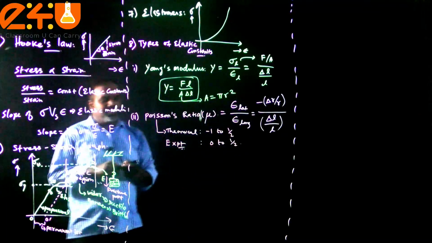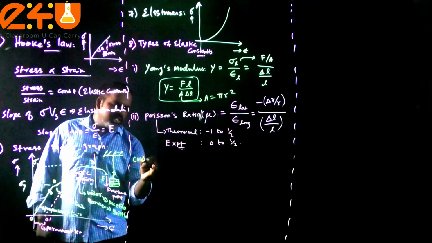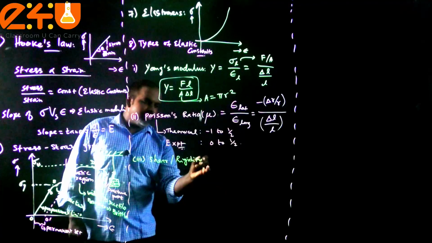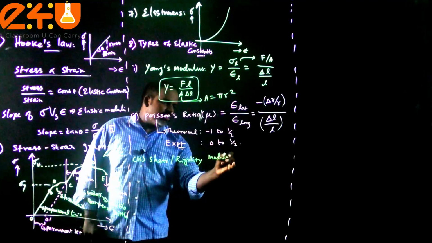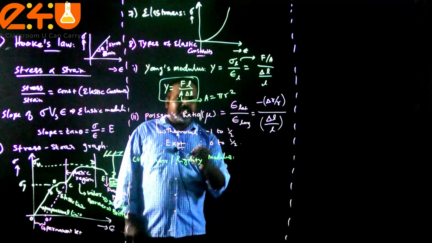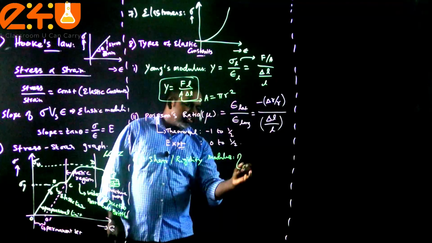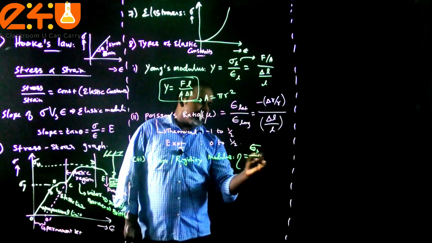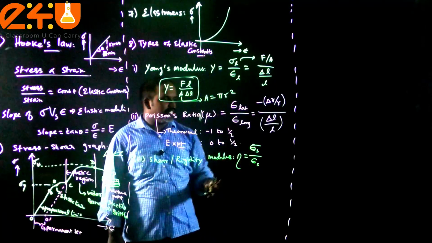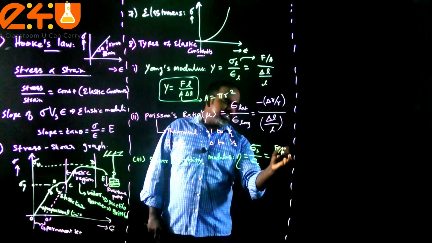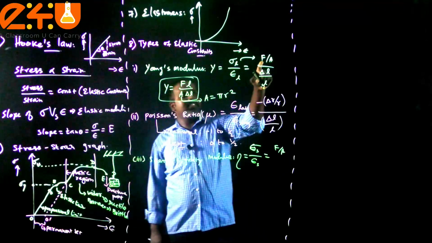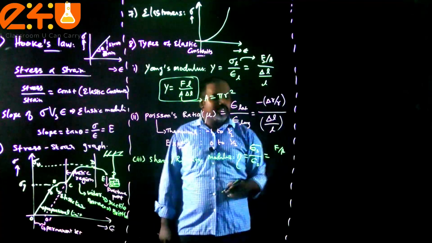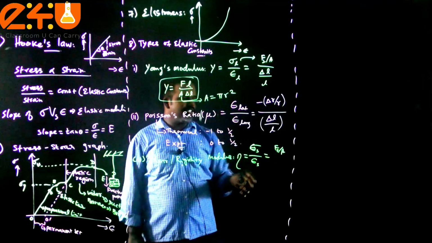The third one is the shear or rigidity modulus. Since mu is Poisson's ratio and Y is Young's modulus, I can take this as eta. It is equal to shear stress divided by shear strain. Stress is F by A, but the main difference is that the earlier F is a perpendicular force, while this one is a tangential force to the surface.